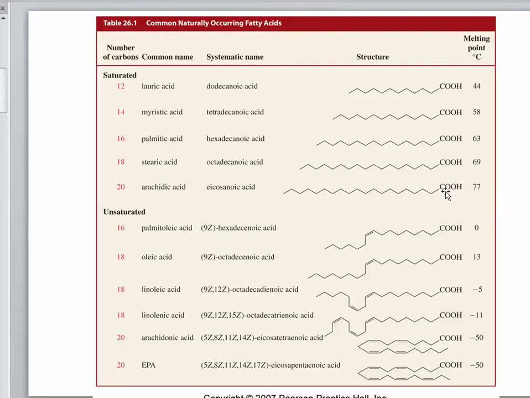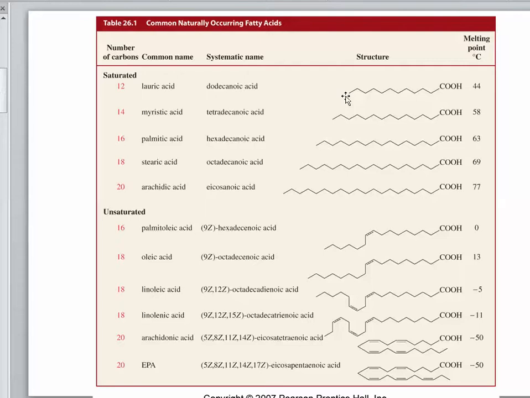So lauric acid and myristic acid are the common names associated with these groups. However, if I take a look at 12 carbons, 1, 2, 3, 4, 5, 6, 7, 8, 9, 10, 11, and 12 total, we said back during the carboxylic acid lecture module that 12 carbons was called dodec.